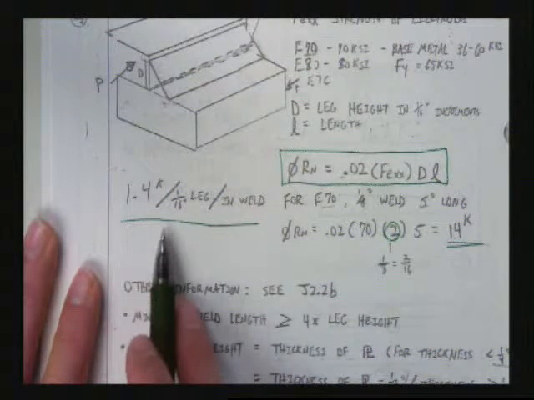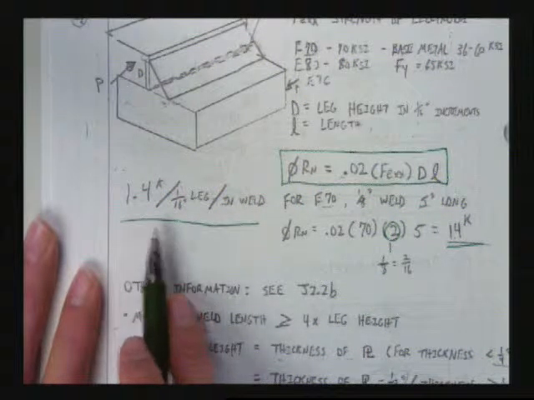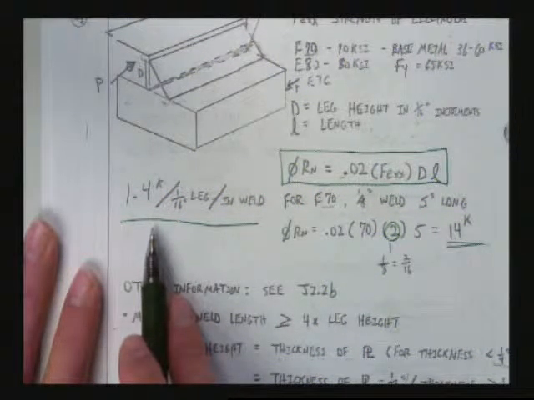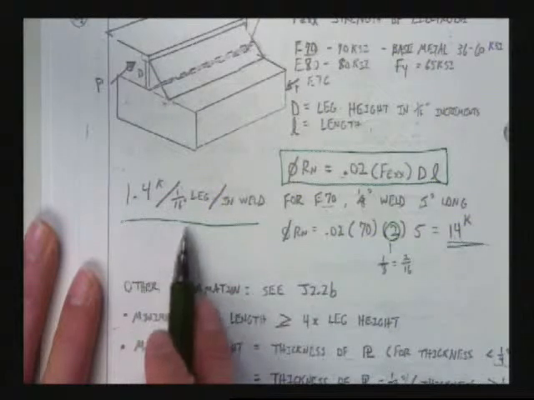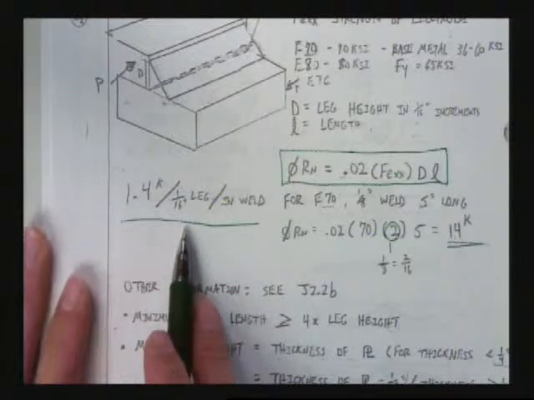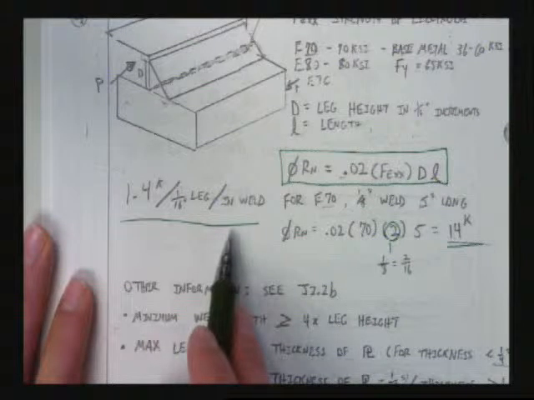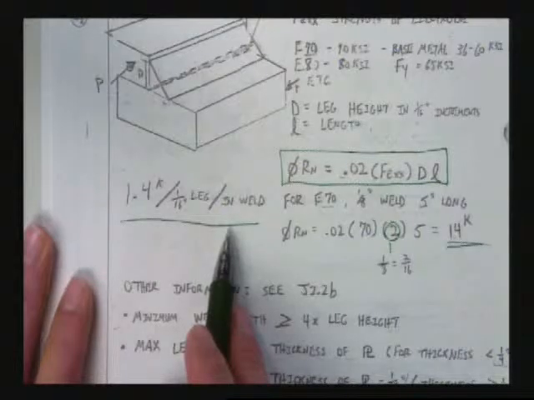This is just a further simplification. It's the way I like to think about things. 1.4 kips, almost a Toyota Corolla, per 16th inch of leg height per inch of length. It's a lot of load. It's a lot of capacity.